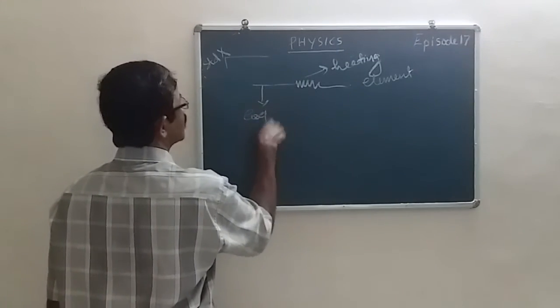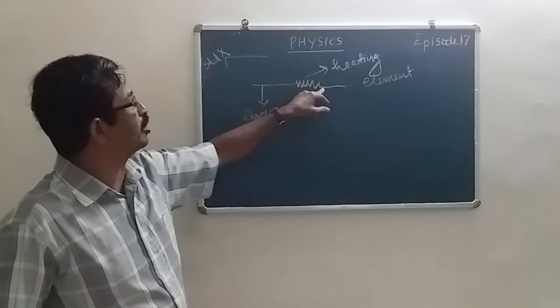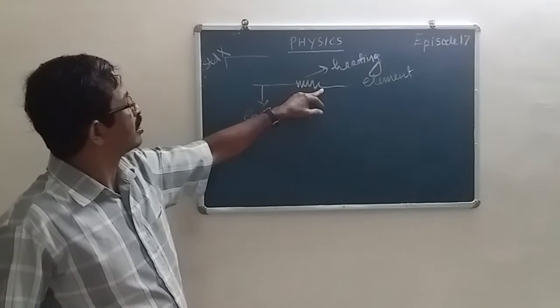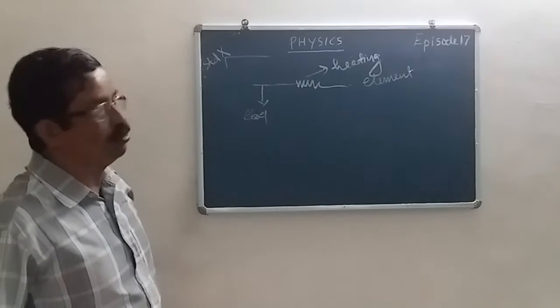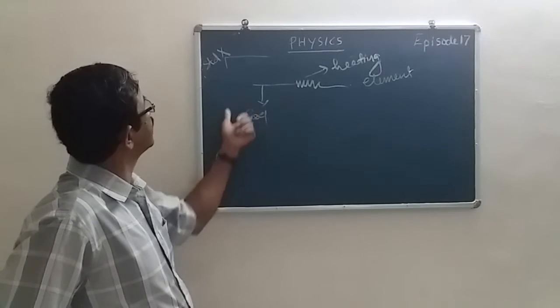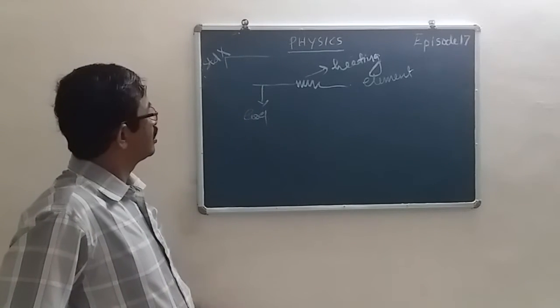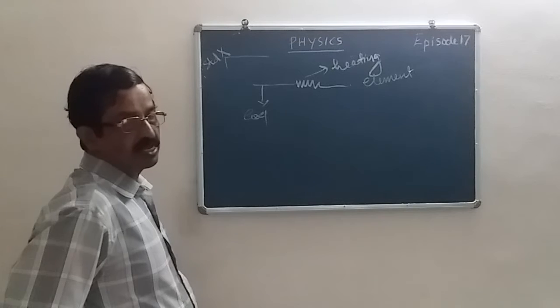This heating element becomes red hot when there is electric current through it. But the cord does not get heated up. What is the reason for this happening?